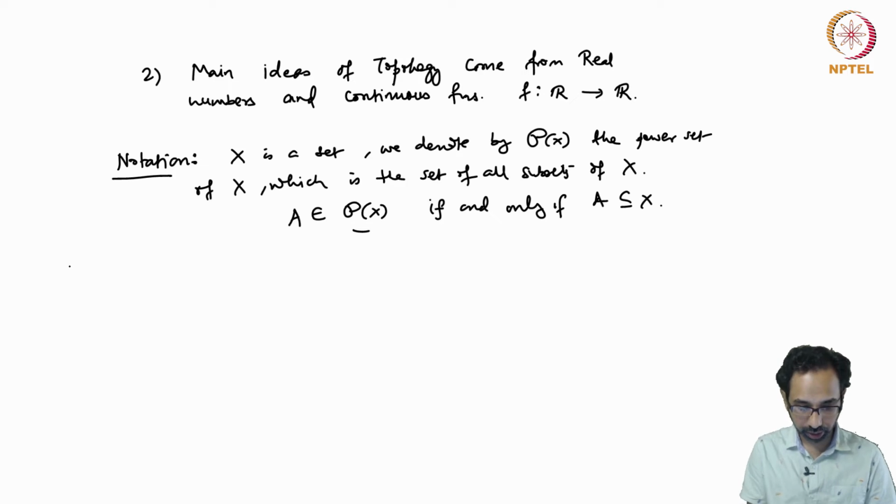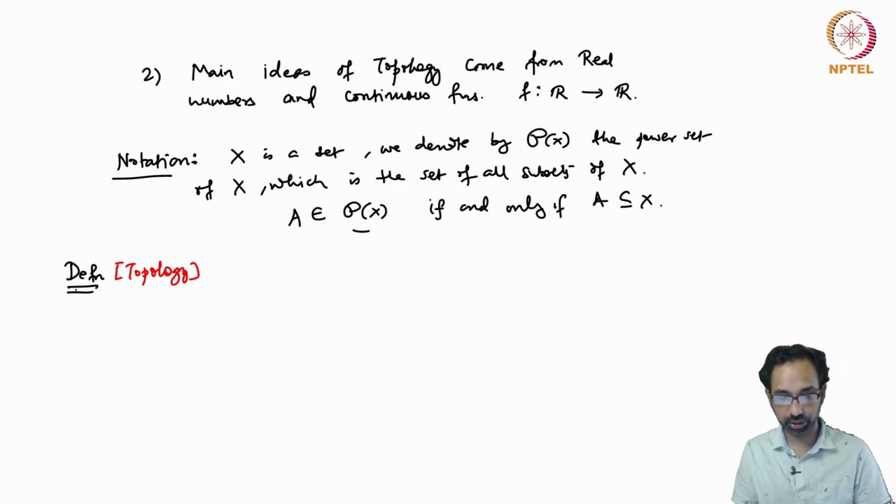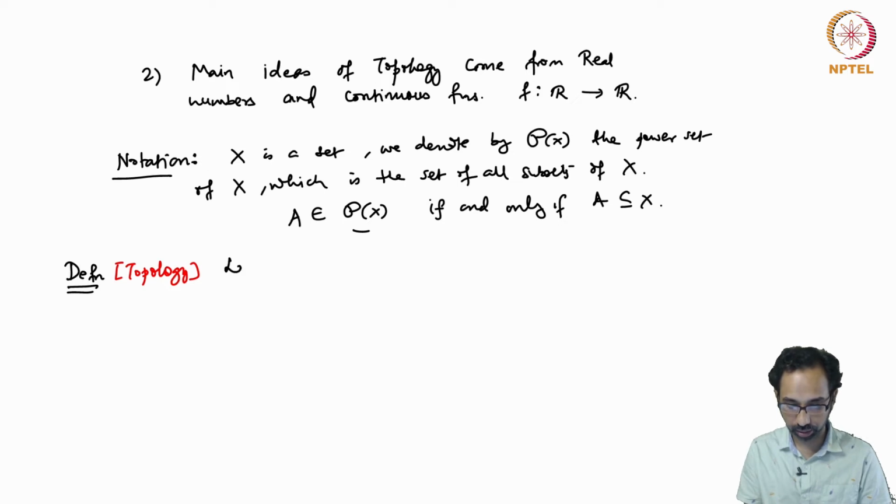So let us define what is a topology or a topological structure. Whenever I say topology, I mean a topological structure. So what is a topology on a set X? Let X be a set.